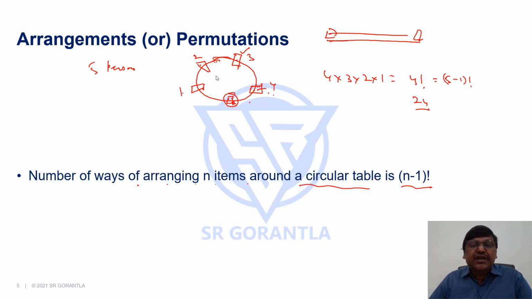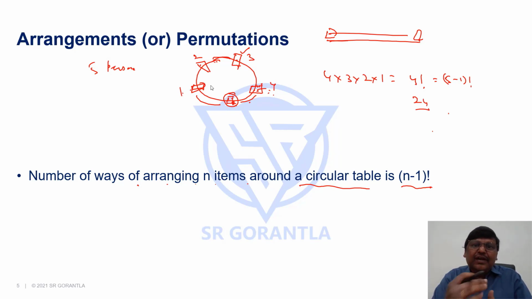Right? Students, here when you are arranging them, who is sitting here makes a difference. That means who is sitting to the right or left of him matters, and clockwise or anti-clockwise matters. However, if you look at a garland, which is a hanging item, whether it is clockwise or anti-clockwise doesn't matter, because if something is hanging, it looks the same from whichever side you are looking.